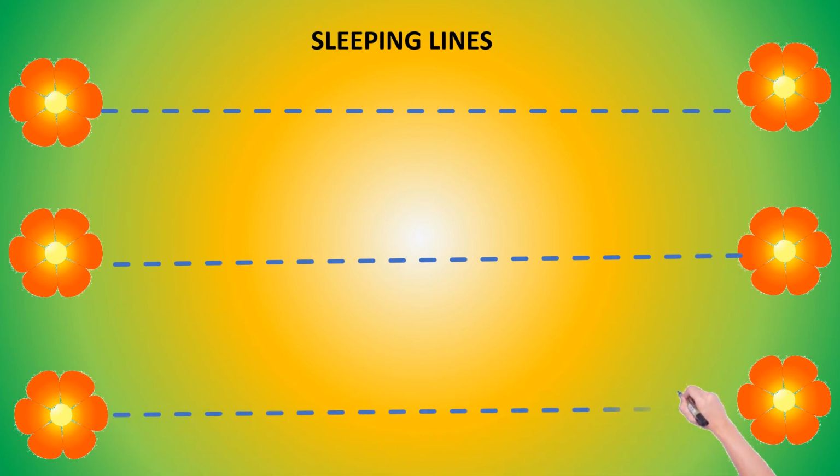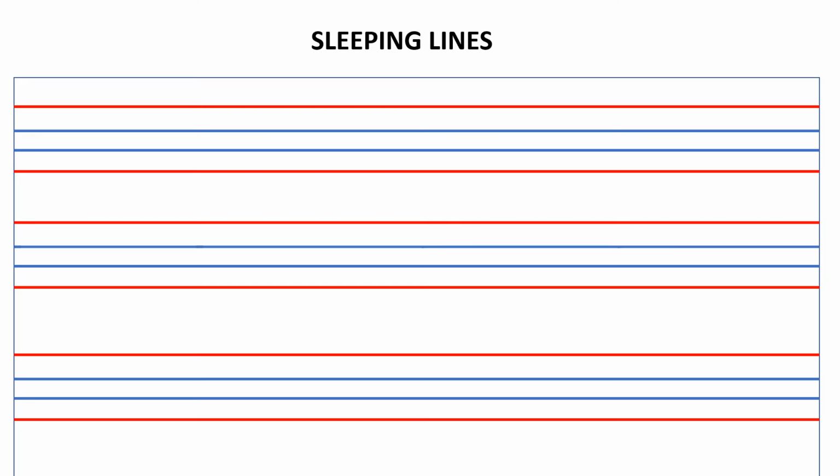Once again, it's a sleeping line. Now once they are doing enough practice, after this parents can give any notebook, red line 4-line notebook, and then kids can draw the sleeping line like this.